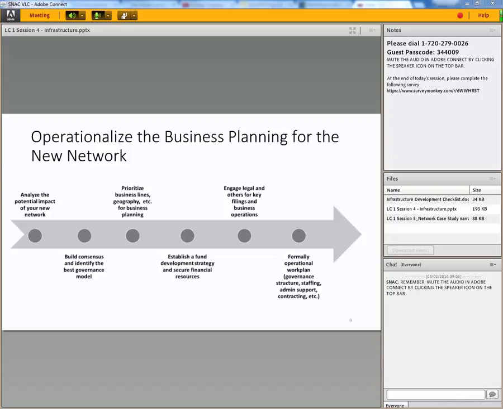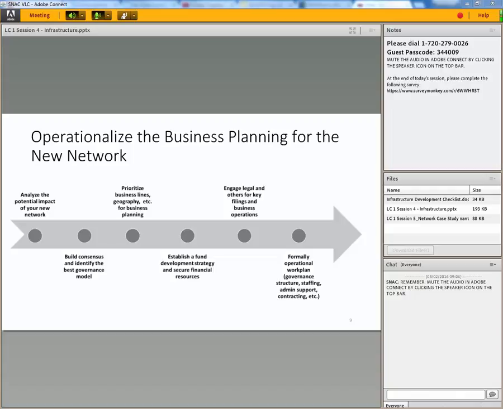And once you've identified that business case, now you need to make the decisions around how to manage essentially the development of the network through the governance models. But you are also ready to begin prioritizing the type of business or service lines that are going to support achievement of that business case.